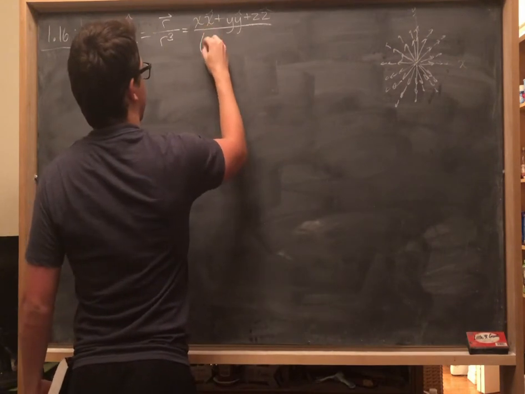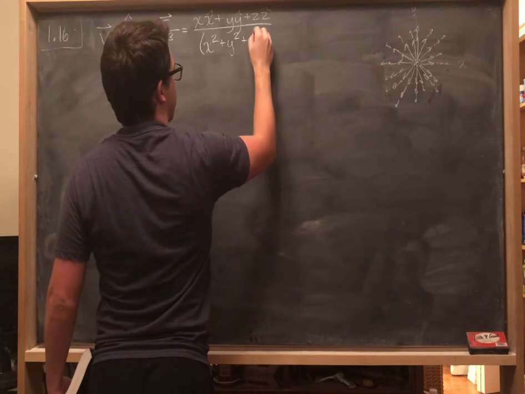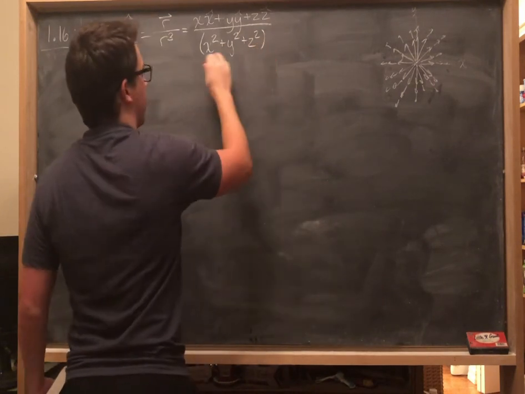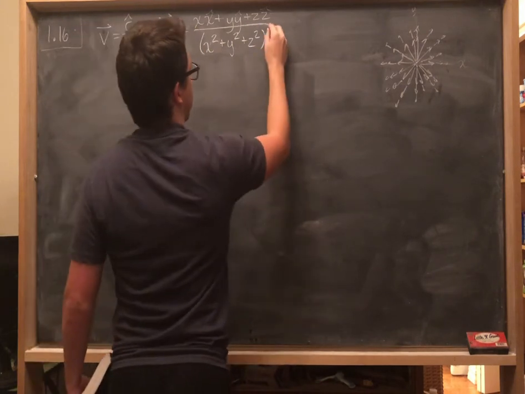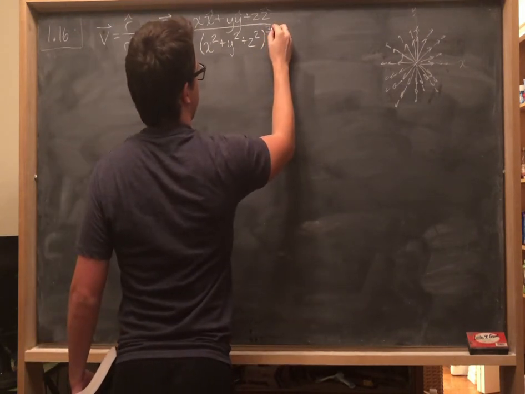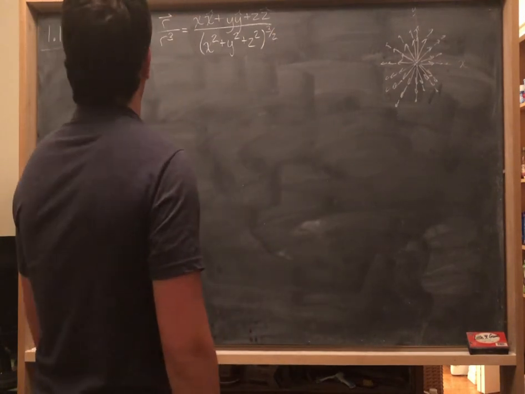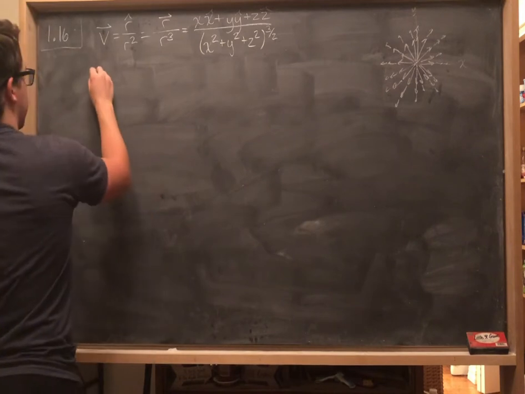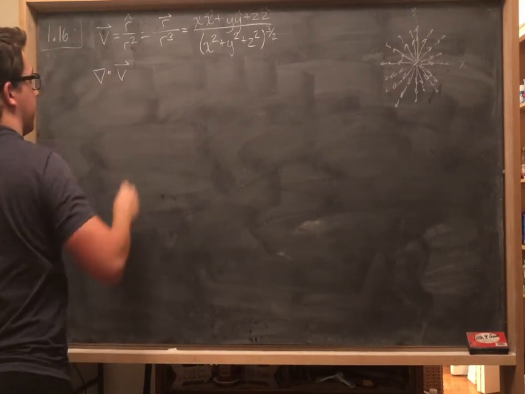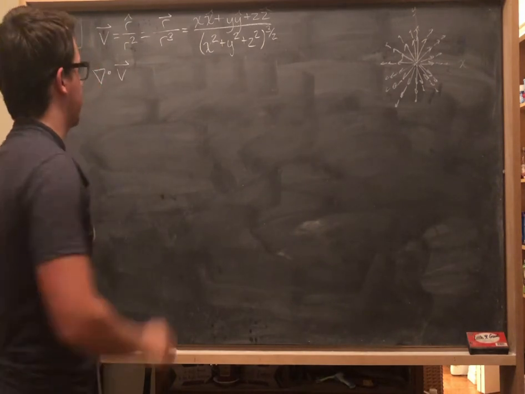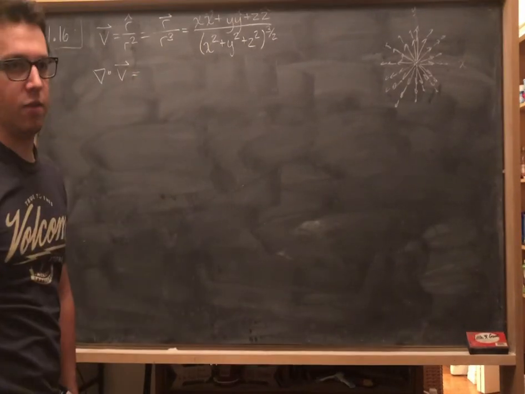And then this would be x squared plus y squared plus z squared. This would be the square of the magnitude of the position vector, except it is cubed, so it is 3/2. And so then the divergence, as you should know, is the dot product of the del operator with the vector function for which you are computing the divergence.